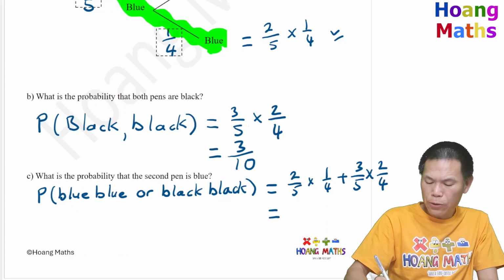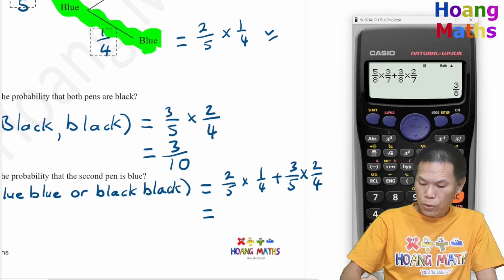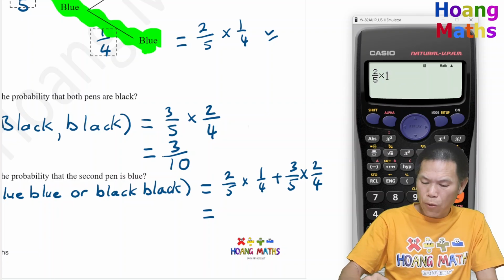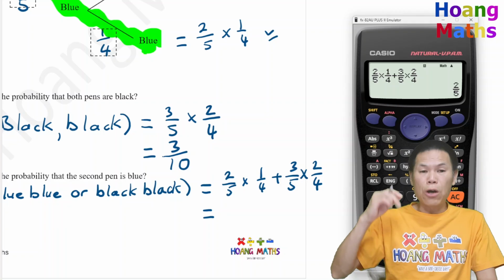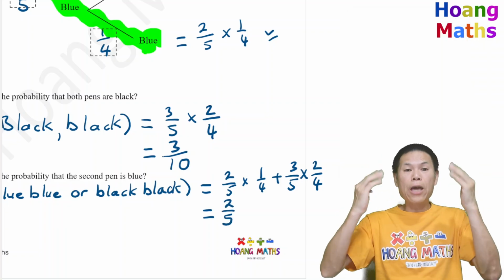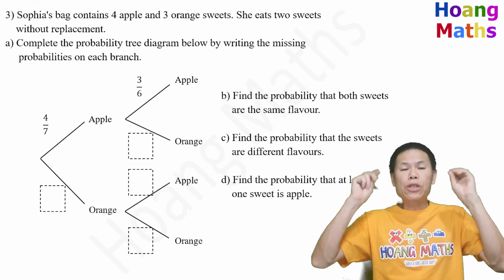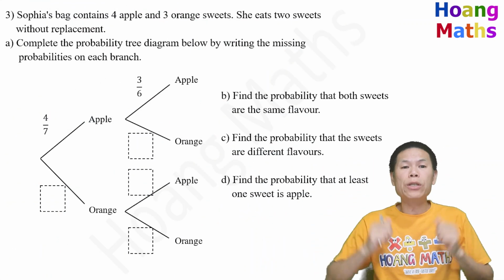So that is equal to, so just go 2/5. We times 1/4 and we add 3/5. We times 2/4. So there you go, 2/5. There you go. Please stop the video and try this one yourself.